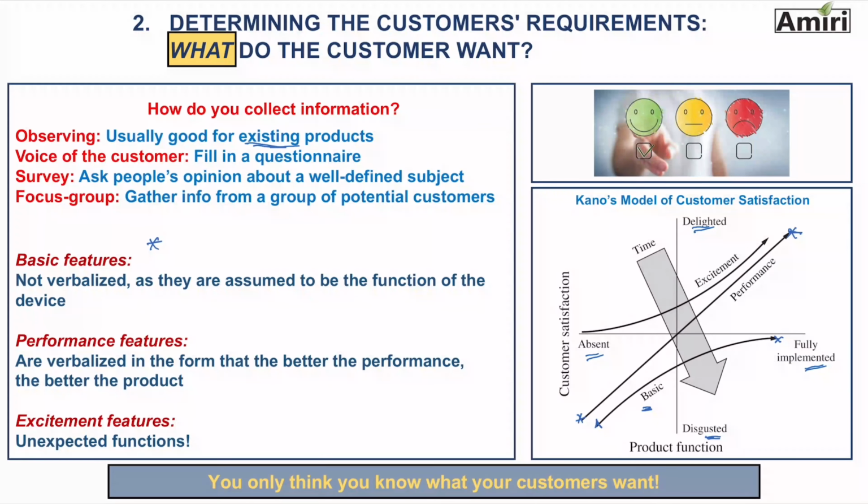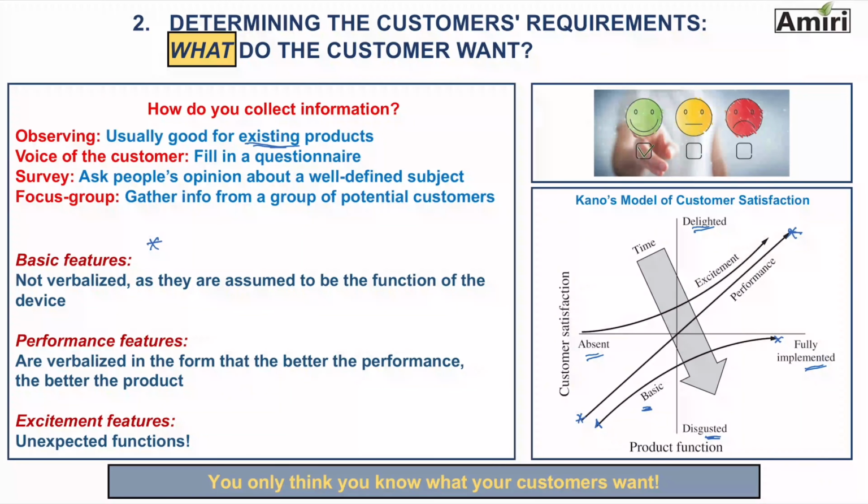And then the last class of features is the excitement feature. It's something that the customer doesn't expect in a product. A good example would be, you buy a car and the customer realizes, oh, it has a wireless charging station for your cell phone.